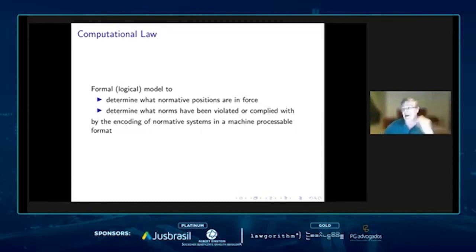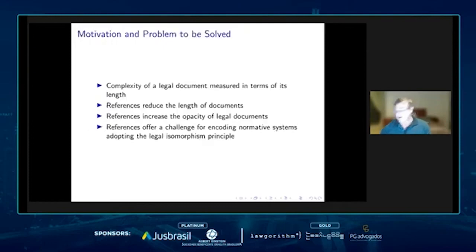Then, after we know what the legal requirements in force are, we can determine whether they have been violated or complied with. All of this can be done in a machine-processable way. Okay, that was my introduction.